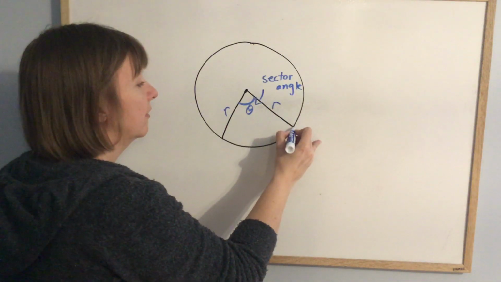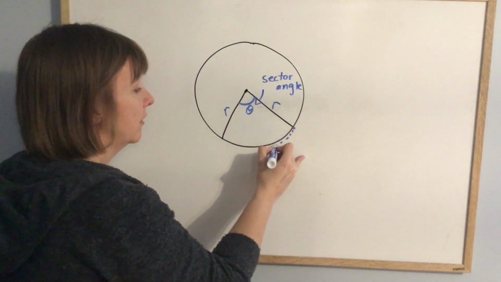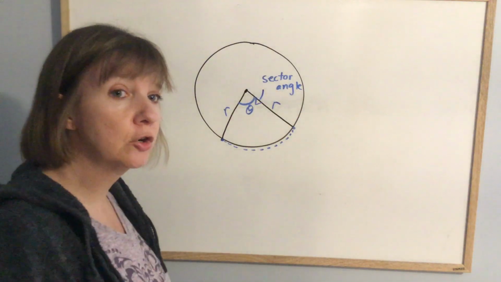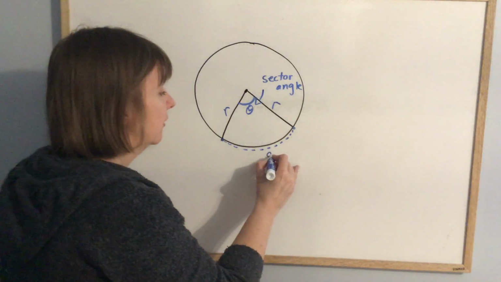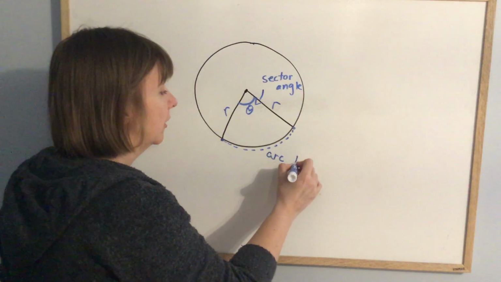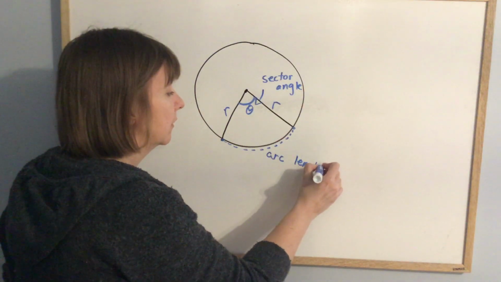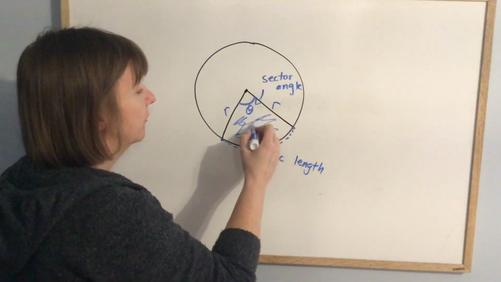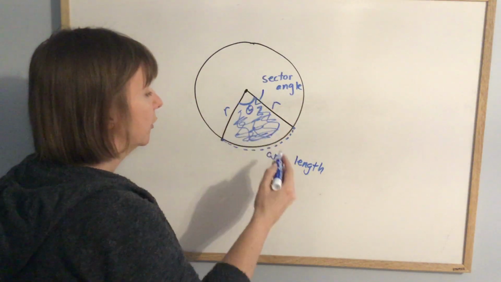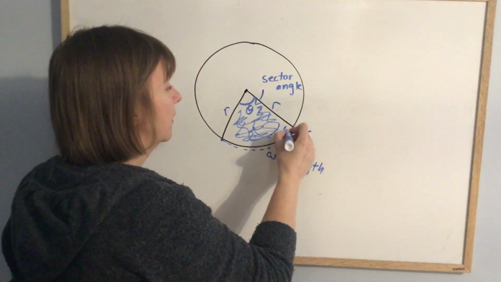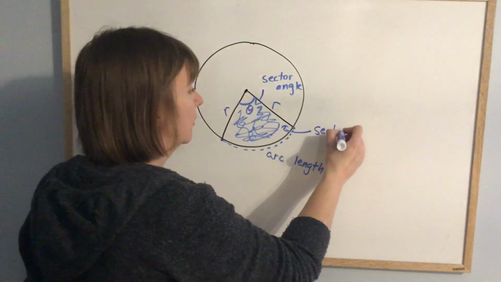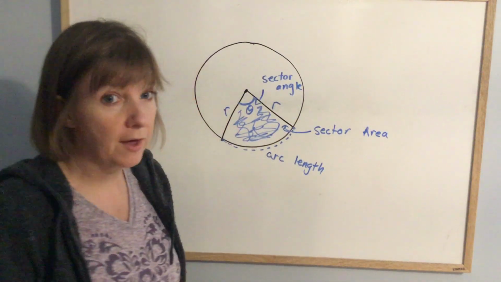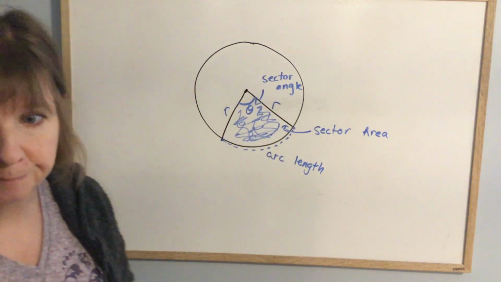And the distance from where one radius is to where the other radius is, along that curved edge, is called the arc length. And the area of this piece of pie or pizza is the sector area. All right? So that's all the pieces.